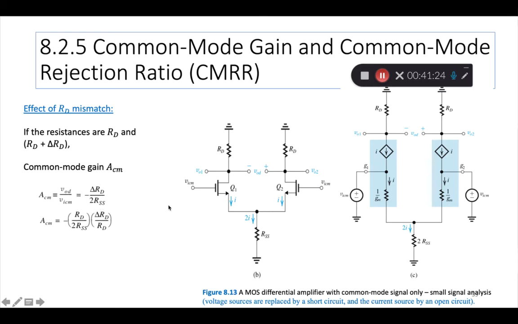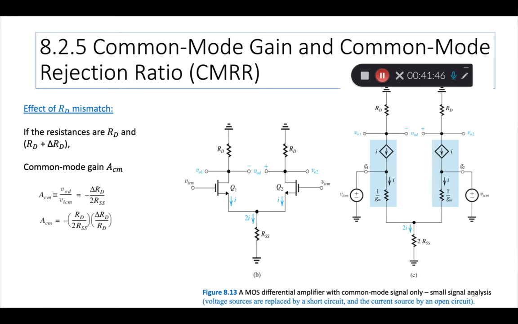So see what we are doing here. We are trying to understand that in a real circuit with mismatches of the two resistances, the output voltage cannot reject the input common mode voltage.